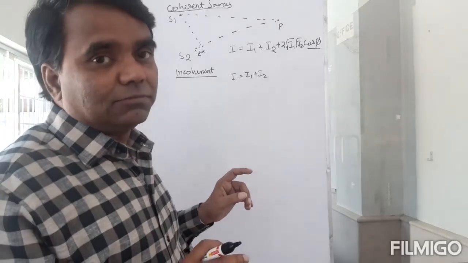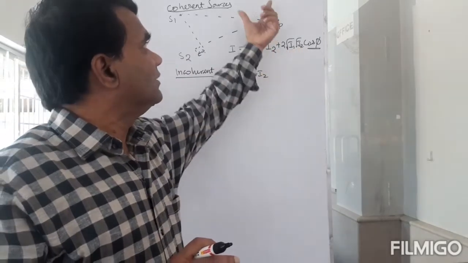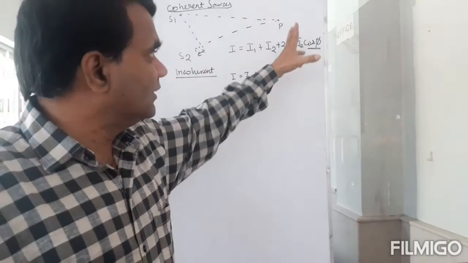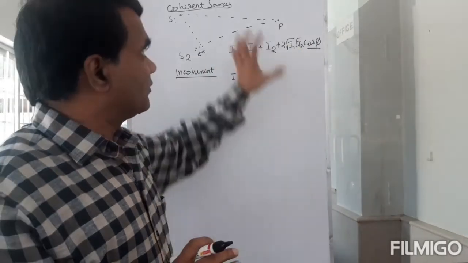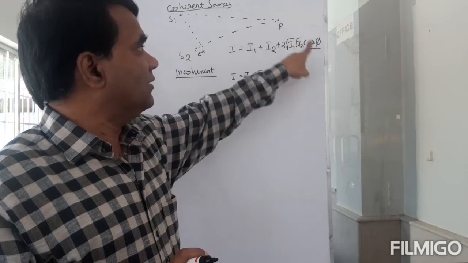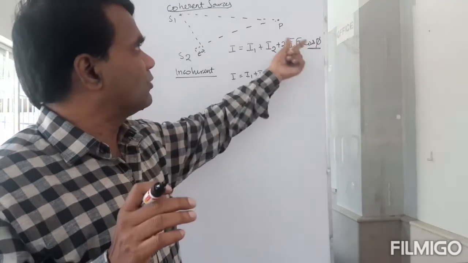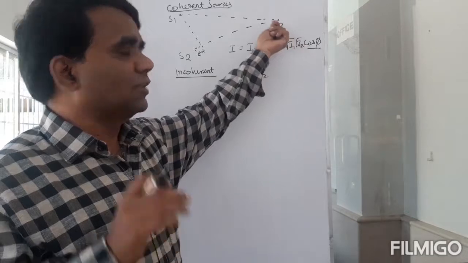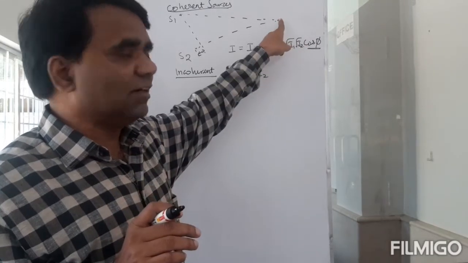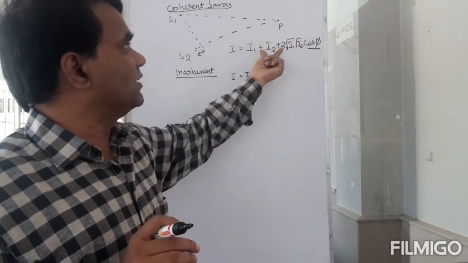Only when you have coherent sources can you observe the interference patterns, because for coherent sources, this will hold good. And if you take P, phi at P will not change in time. So I don't have to take an average. So this will remain the same, and this will obey this formula. And Q also will obey this formula.